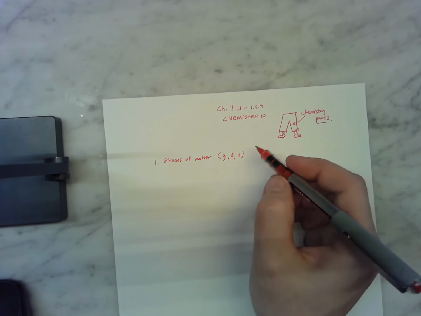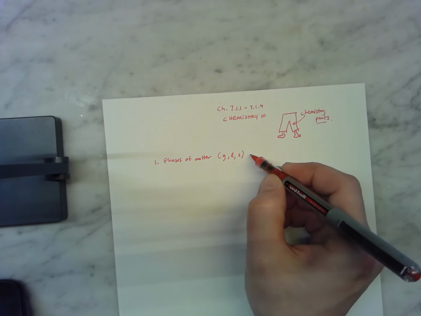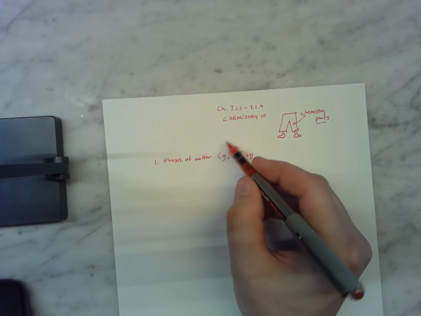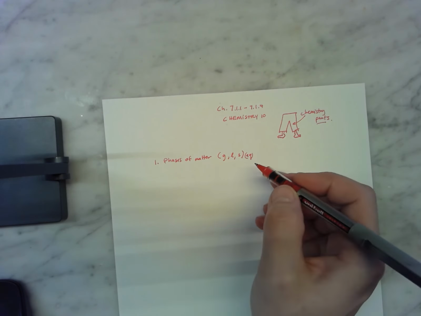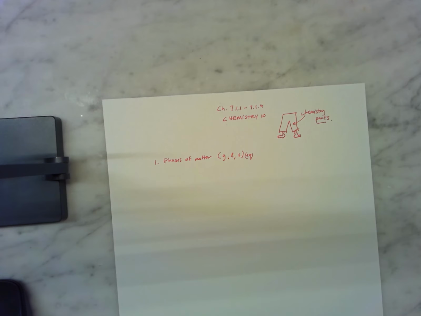There's also aqueous, AQ, to mean it's in solution. And you guys can see that right there above when we've got the 2HgO thing. It's a solid goes to a liquid and a gas.